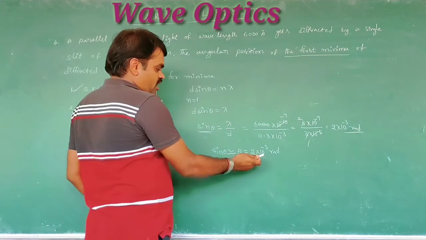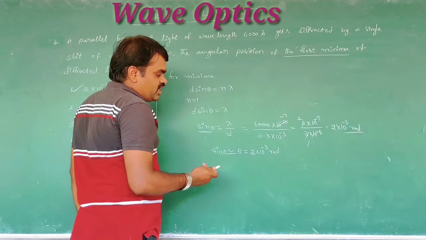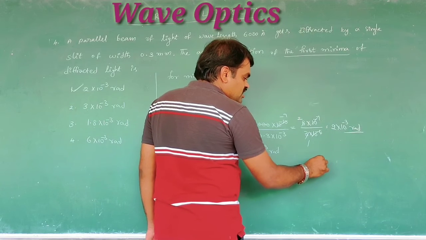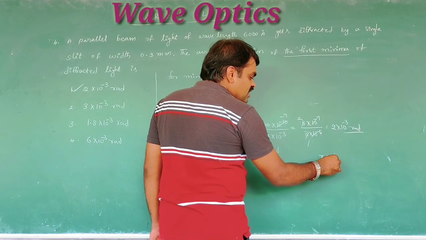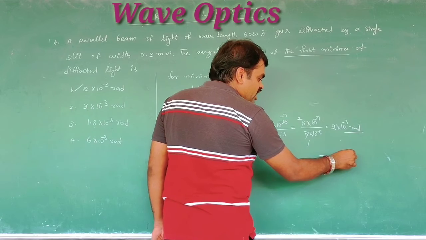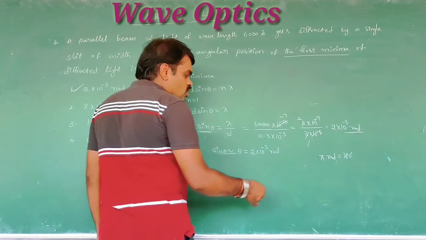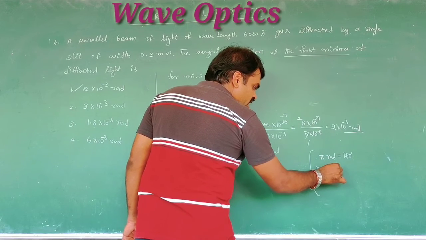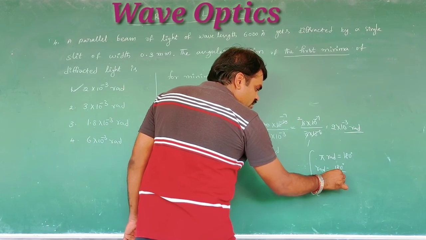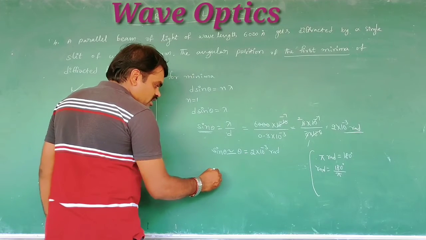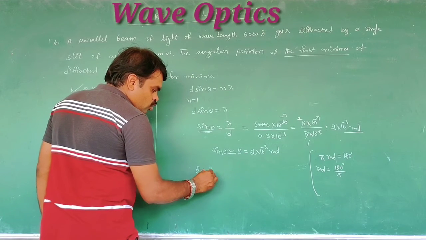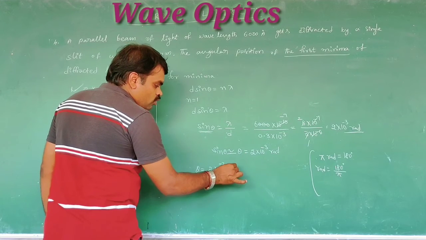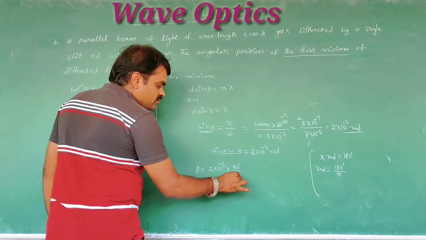For such a question, up to here it is the same, but the radian is converted to degree. That is, pi radians is equal to 180 degrees. Based on that, one radian can be written as 180 degree by pi. Then theta is equal to 2 into 10 to the power of minus 3 radian into 180 degree by pi.